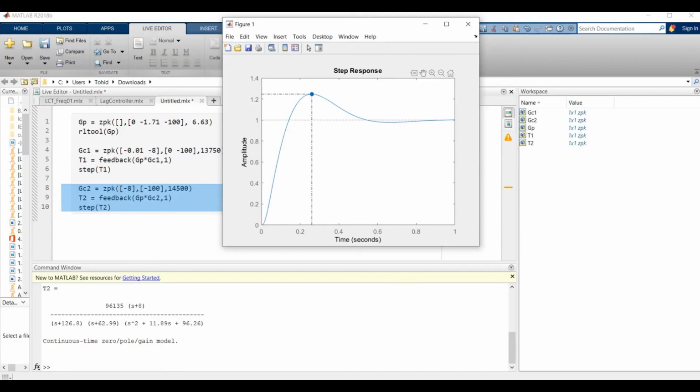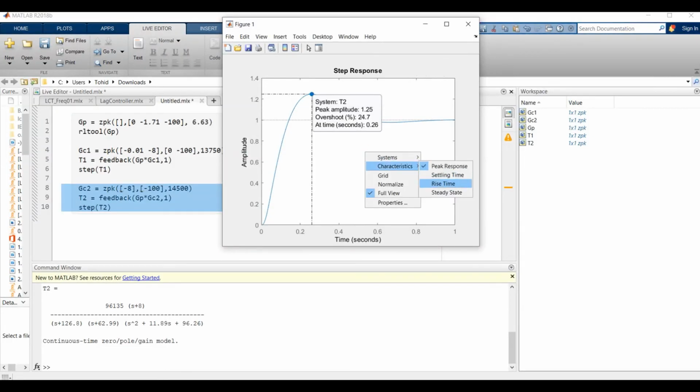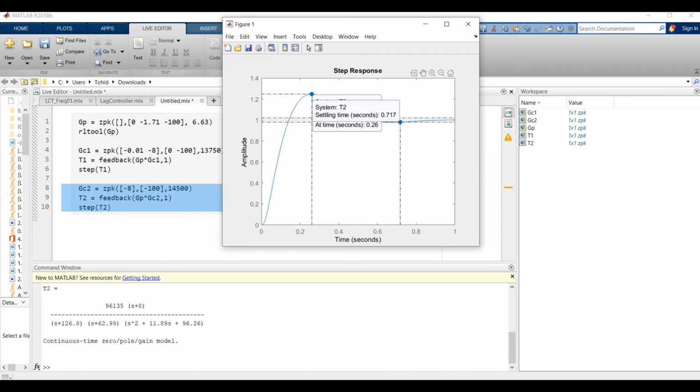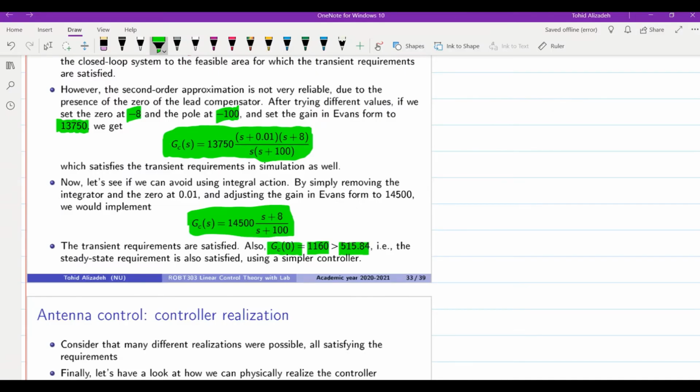We have the peak response with the overshoot smaller than 25%, and the settling time is smaller than 2 seconds, 0.717. So all requirements are satisfied in this case with a simpler controller, and obviously this controller, the second one that we have over here, is preferable over the first one because it is simpler, yeah?